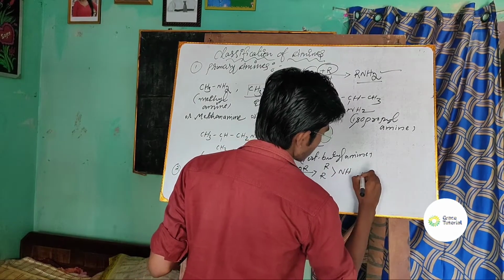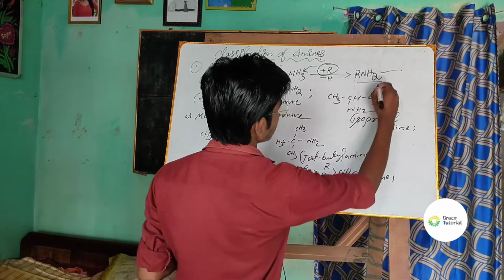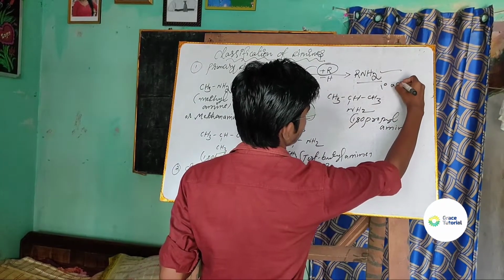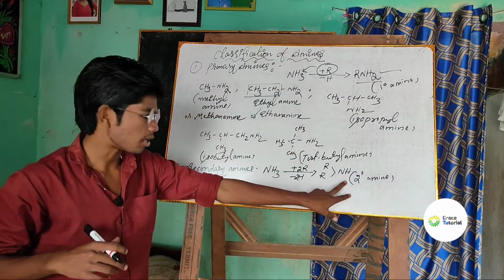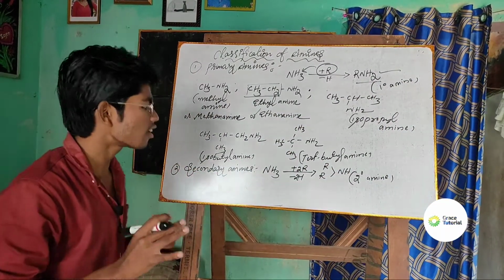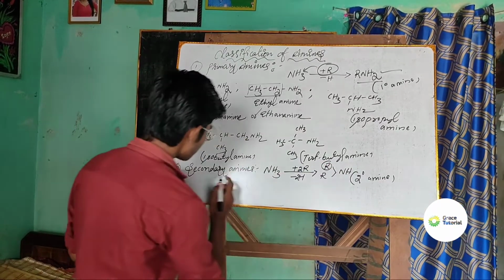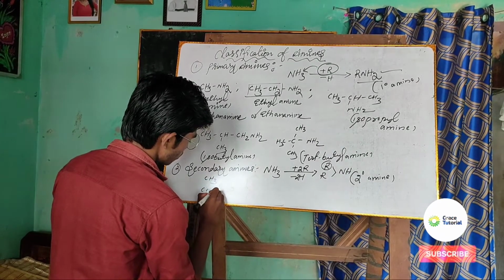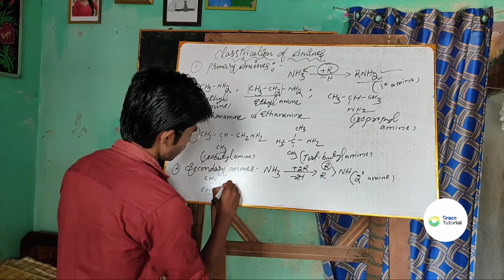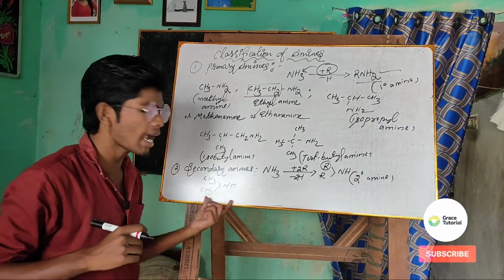So this is called the secondary amine. This is a primary amine. So what are the examples of the secondary amine? Let me show you. Suppose, let us put the methyl group here, CH3, NH. So what is the name of this compound? Dimethylamine.